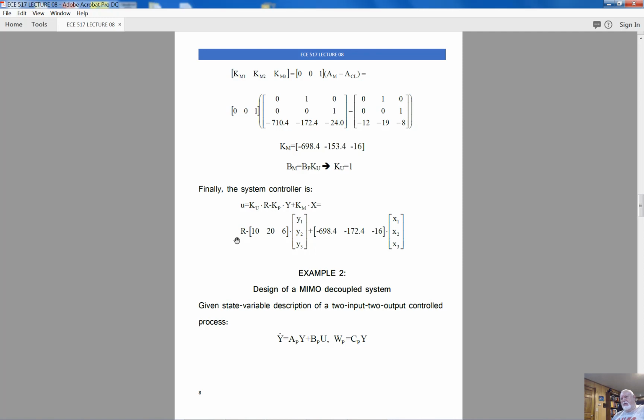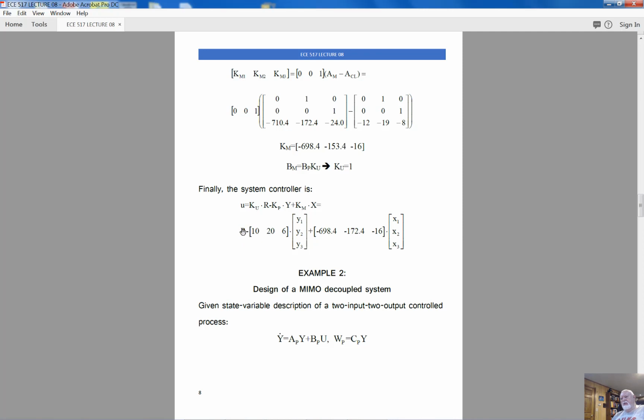And this is the same expression, and the same expression with all matrices defined numerically.